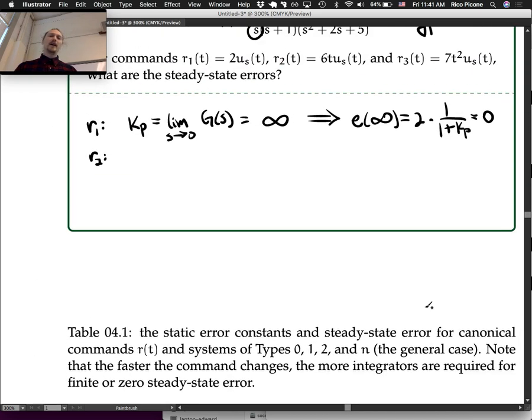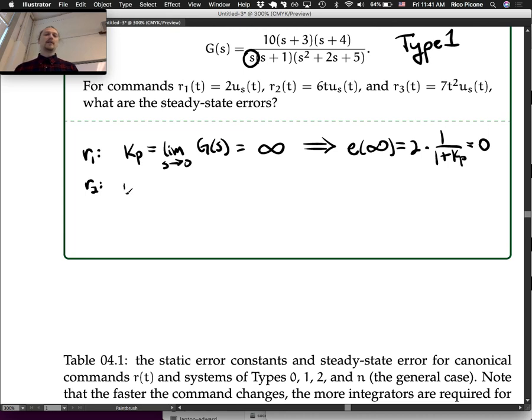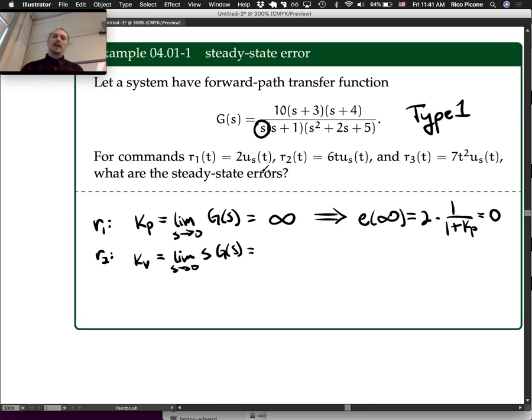But let's go ahead and compute Kv just because we need to do it anyways, right? So limit as s goes to 0 of s g of s. With this s in the mix now, because we have a ramp function, this s will get canceled. So we're going to have something finite.